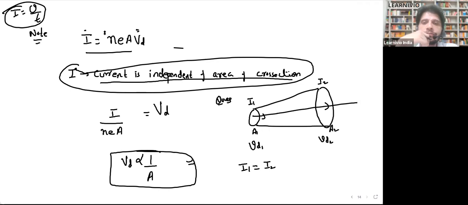Because area is large. Just read this statement. What is this statement saying? Area increases. So VD1. Yes, it's inversely proportional to area. So VD1 is greater than VD2.